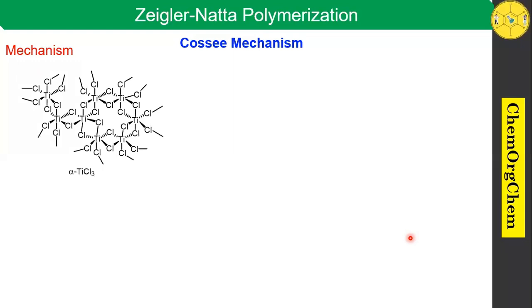So before going to the mechanism, we should understand the titanium chloride surfaces. In our very first slide, we discussed that titanium trichloride can be present in various crystal structure forms: alpha form, beta form, gamma and delta form. Here we should consider the alpha titanium trichloride form.